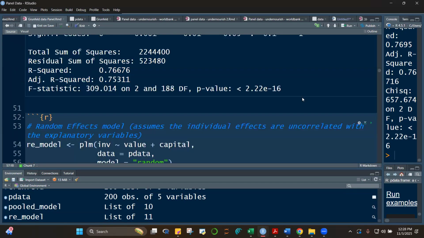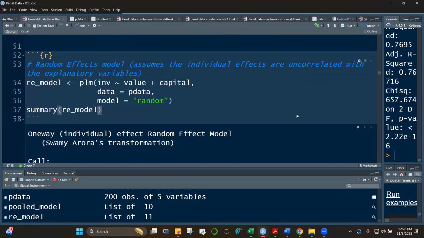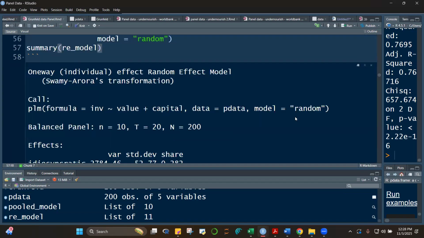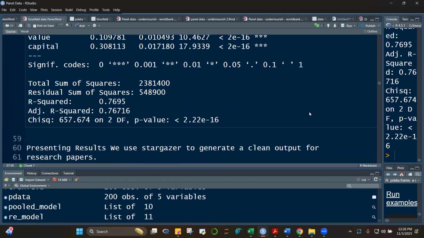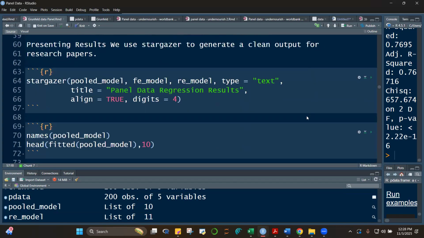So based on adjusted R squared, pooled OLS is the hands down choice as compared to random effects and fixed effects. But is that the basis for determining? The answer is no, class. So let's take a look at this one.